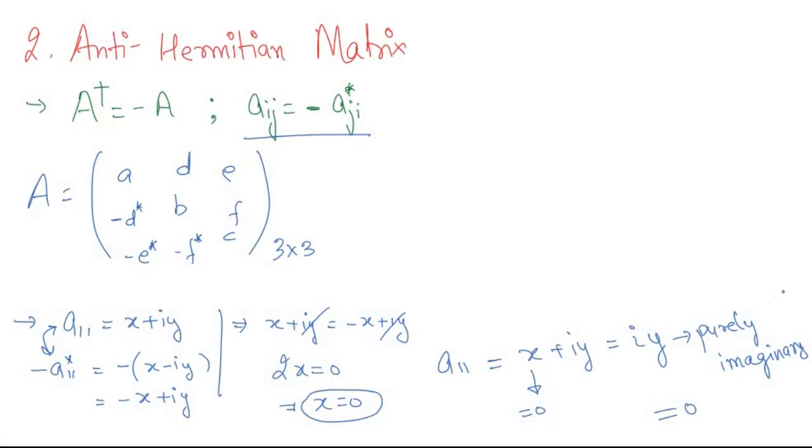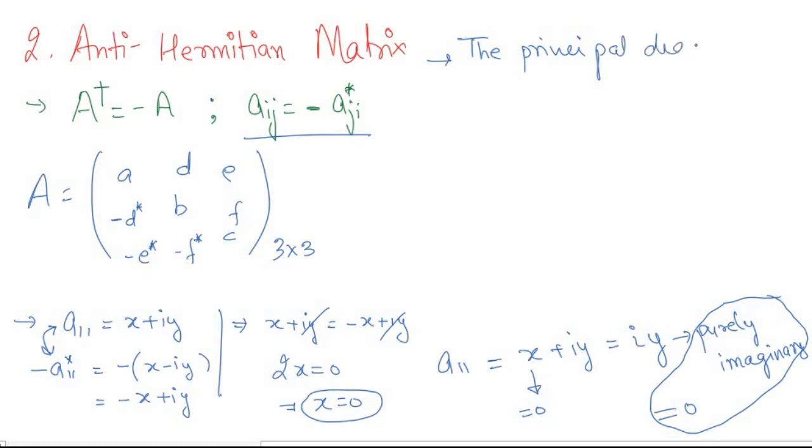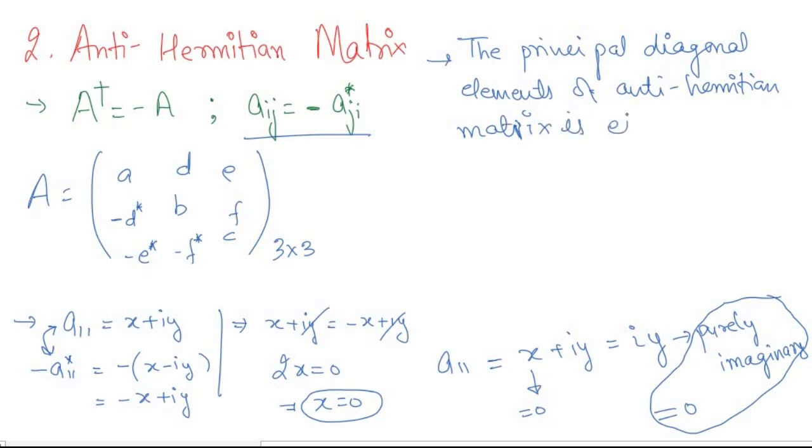Let me state it here: the principal diagonal elements of an anti-Hermitian matrix are either 0 or purely imaginary.